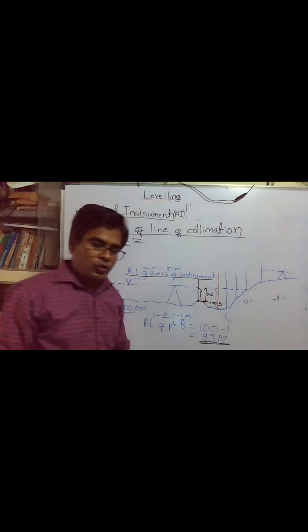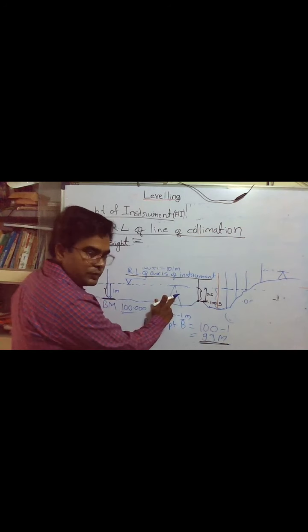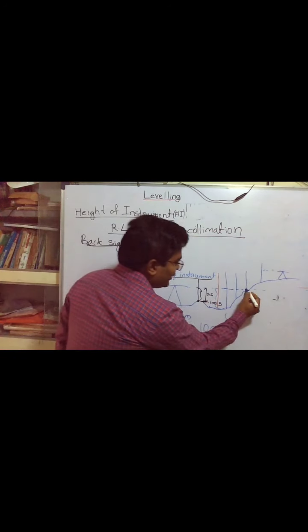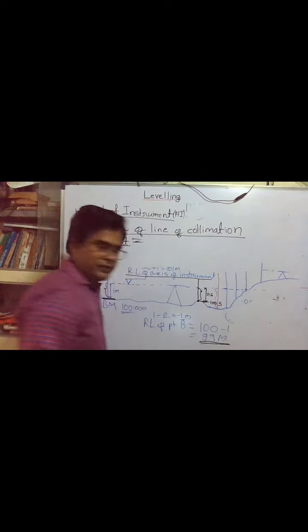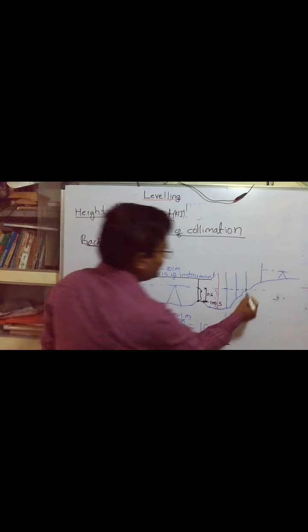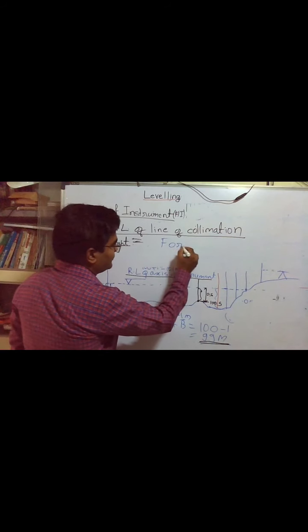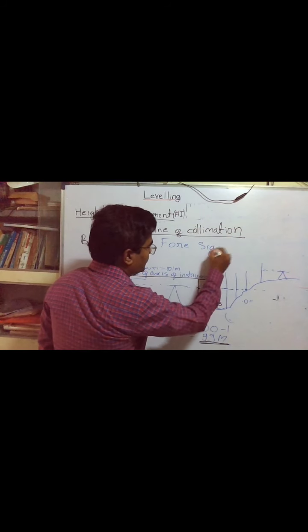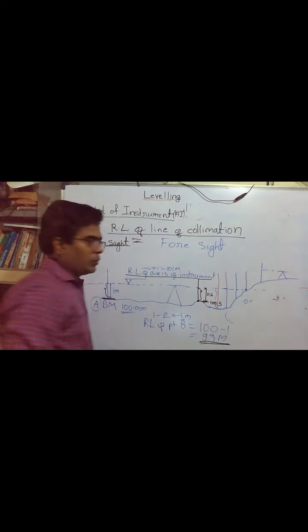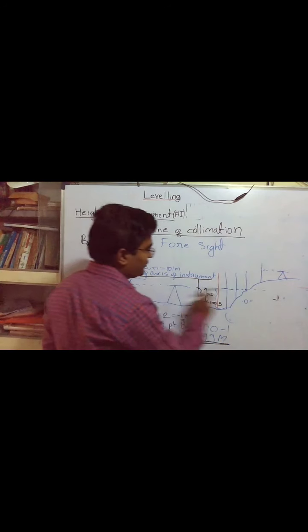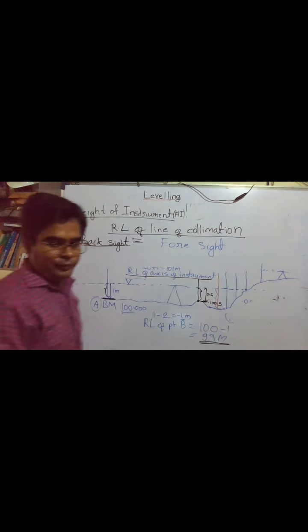By this setting of the instrument, this is the last reading I am taking. This is called foresight. What is it called? Foresight. It is the last reading taken from any setup of the instrument. Got it?